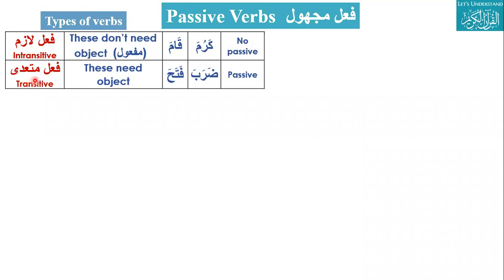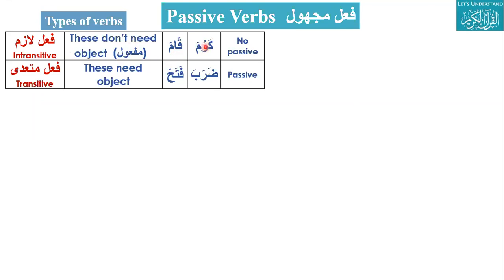And fail mutaaddi is all those other verbs that need an object and they have maf'ul also, no? Like fataha, daraba, samiya, nasara. These are all fail mutaaddi. The fail lazim is karuma, he was honorable himself. Qama, he stood up. Jalasa, he sat down. So these are fail lazim.